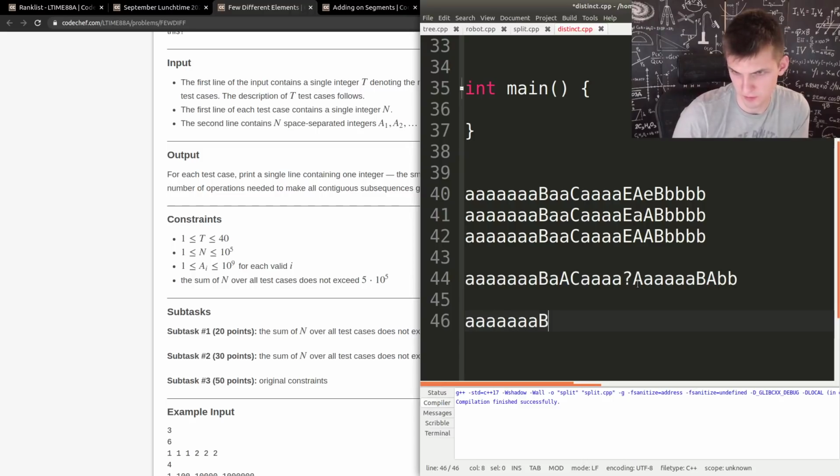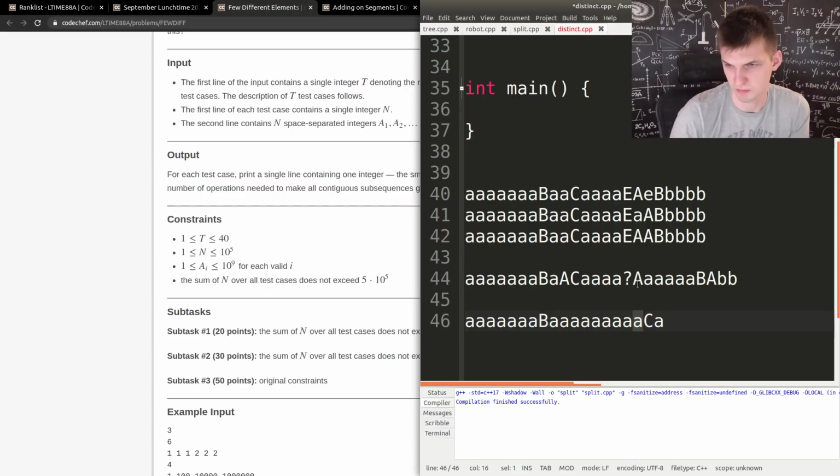Generally, if there is this, then I will change all of those into B's. What might be an issue? If this is the input, I will change all of those into B's, and this will be C. Okay. Now what if this is A?